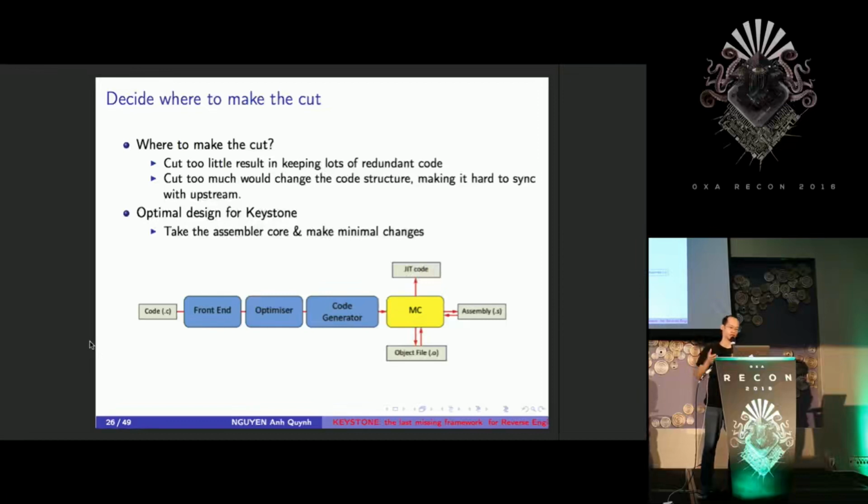If you cut too much, you end up changing some code, or a lot of code, inside Keystone, and that makes it very hard to synchronize with LLVM in the future. It took a lot of time to read the LLVM source code, and I think I finally have an optimal design for Keystone. I think the cut is just enough and makes very minimal changes to MC.